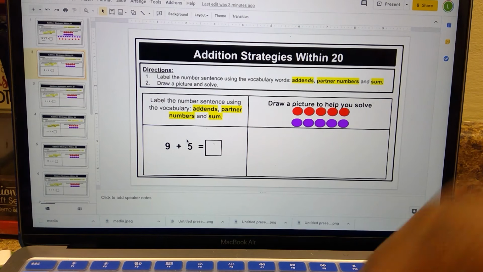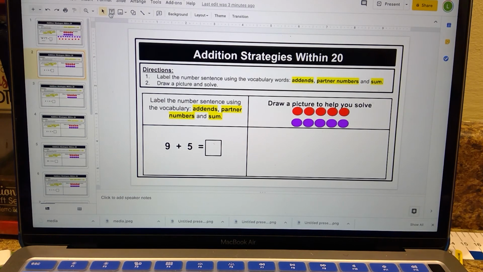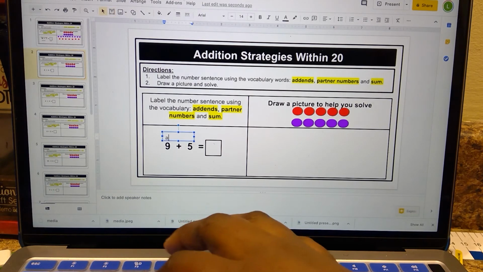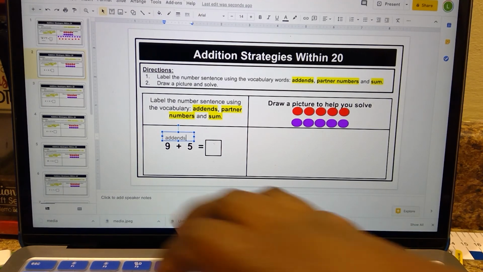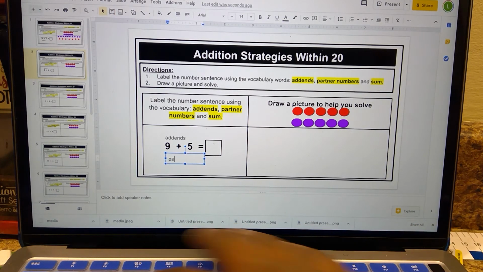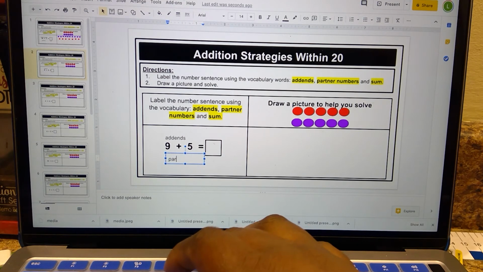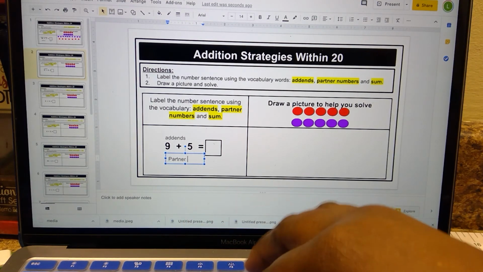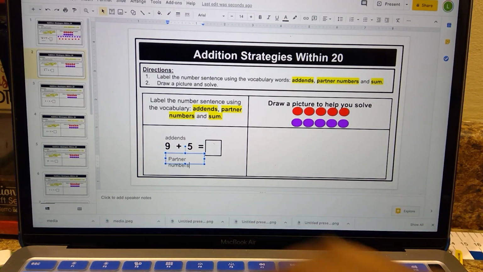Okay, now it's Miss Barnhart's turn, so I'm going to go add the text boxes. And I'm going to write the word addends. Then I'm going to add the text box again, and I'm going to add the words partner numbers.